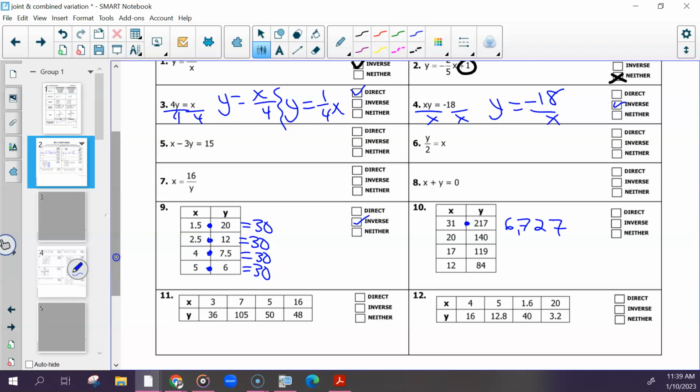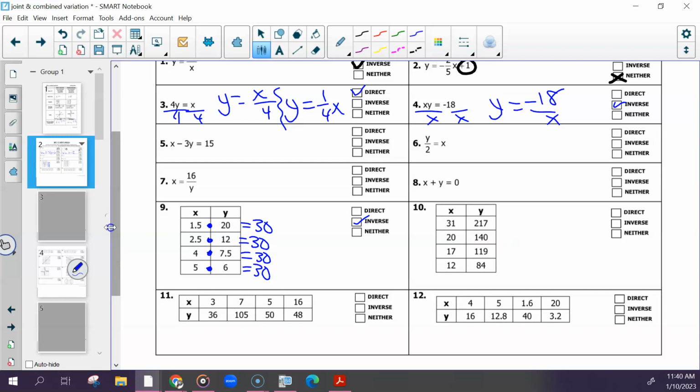Okay. 20 times 140. Okay. So already these are not the same. Multiplying is not going to work, so it's not inverse. A good reason to also check them all is because just because it's not inverse doesn't mean it's direct either. It could be neither.